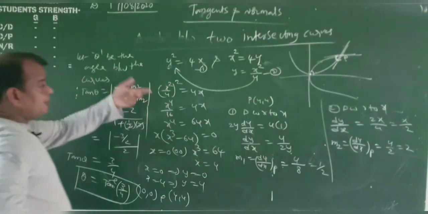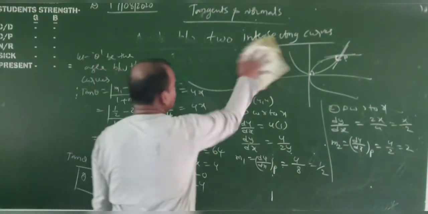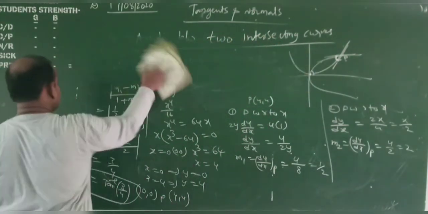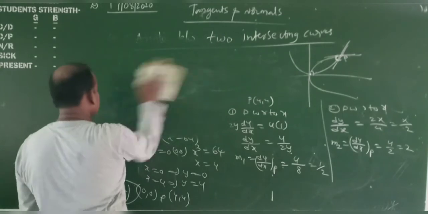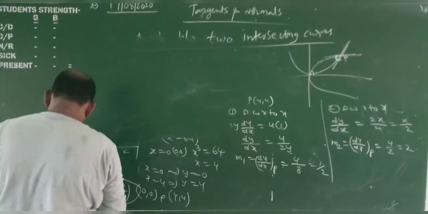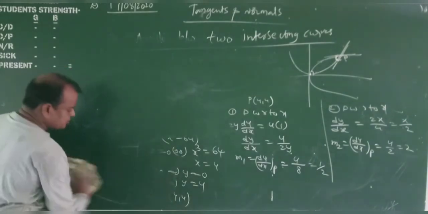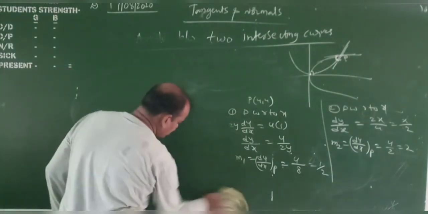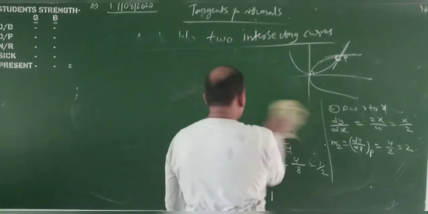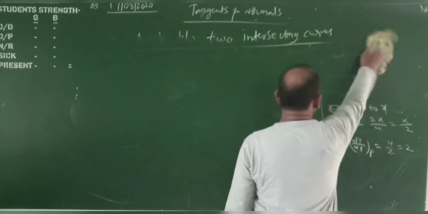Now theta is the angle between the curves; you know the formula, so substitute. This is the process: to find the angle between two curves, first find their point of intersection, then differentiate each curve with respect to x, substitute the P value, and get m1 and m2.